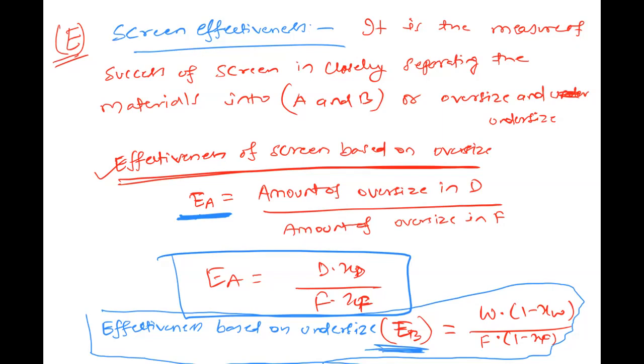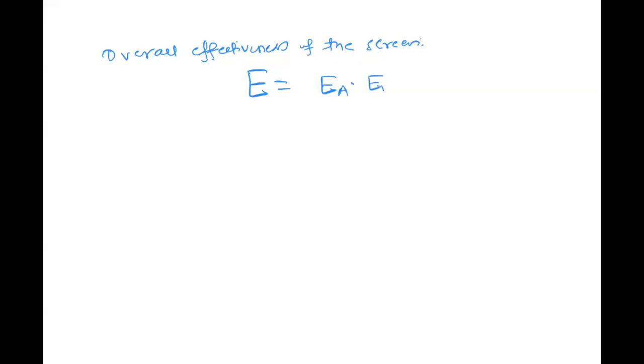Now I'm going to ask one question. What is the overall effectiveness of the screen? Yes, it is EA into EB, multiply both. So write overall effectiveness of the screen, that is E equal to EA into EB.